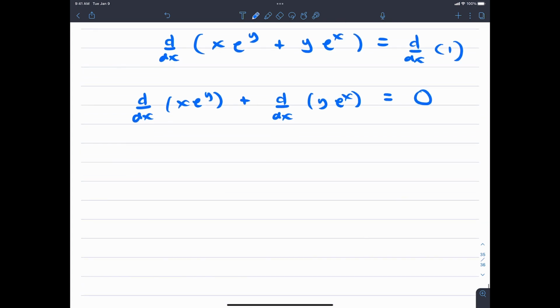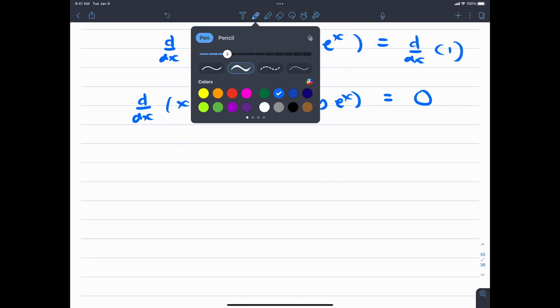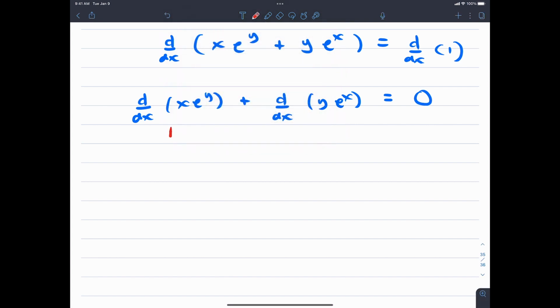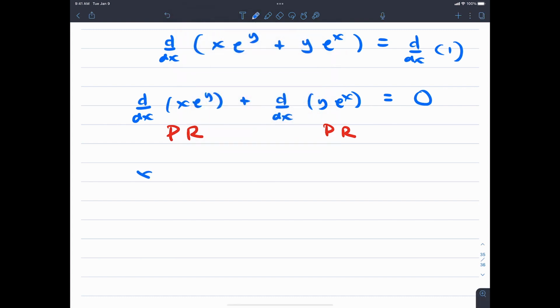Now, remember what I'm saying here. What rule do you use for both of these? You're going to have to use what for both of these? Product rule. Is that true? So let's use the product rule. x d/dx of e to the y, plus e to the y d/dx of x.